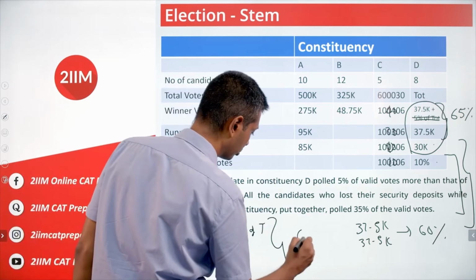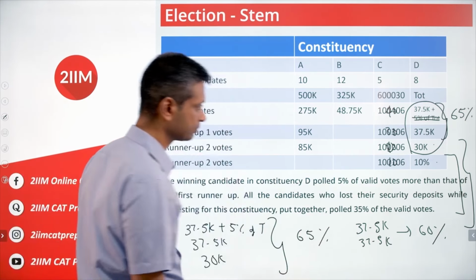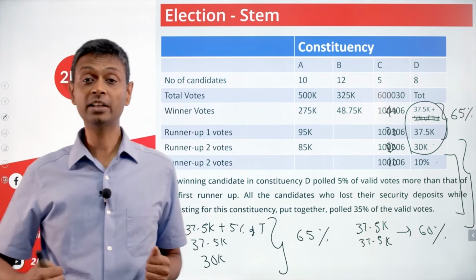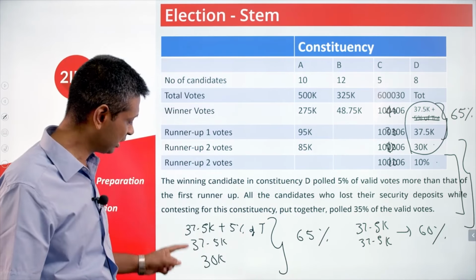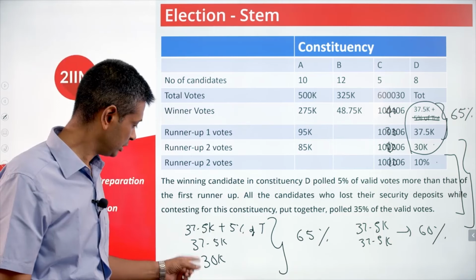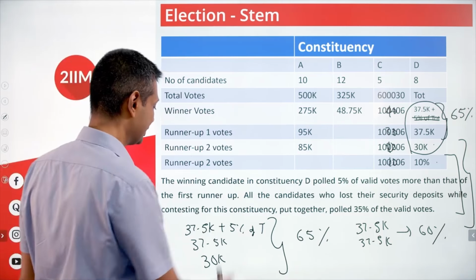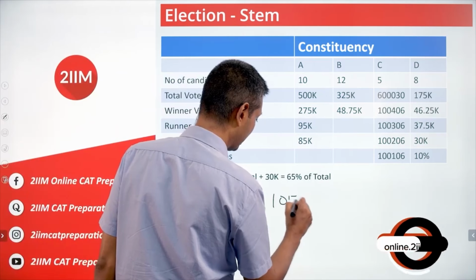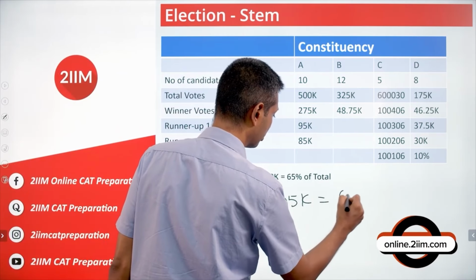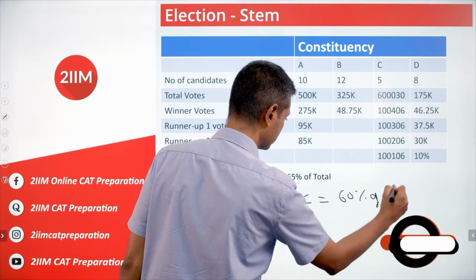These three add up to 65%. First three retain their deposit. Everyone else after that loses. 37.5 plus 37.5 is 75K. Plus 30 is 105K. This 5% goes that side. Or 105K is equal to 60% of total.